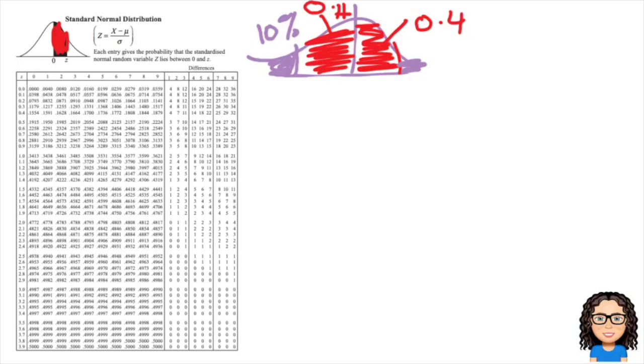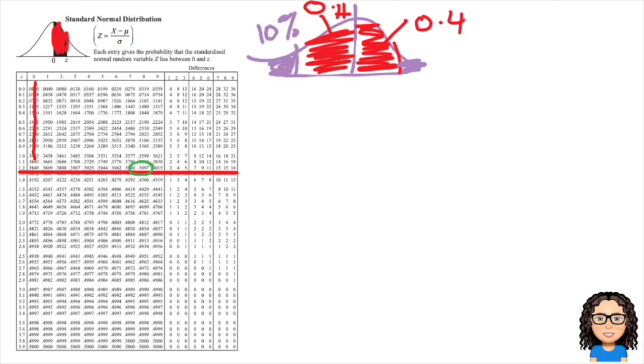So I'm going to come down and I'm going to start looking until I get to these two rows here. That's where it changes from 0.3 something to 0.4 something. And now I'm going to go back to that 0.3 number and I'm going to look along that row till I find the number just below 0.4.